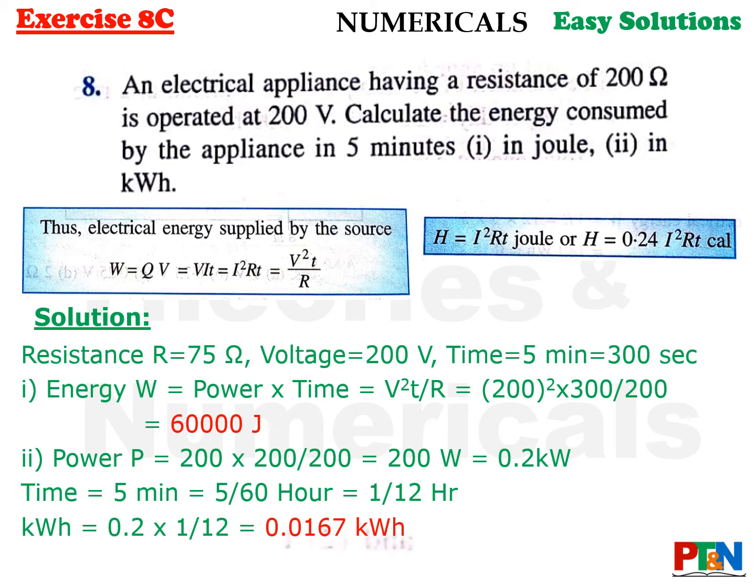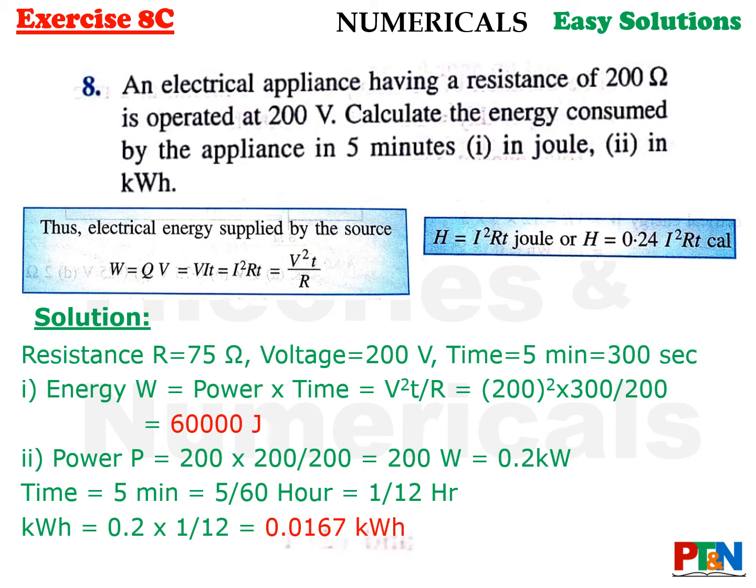Values are given, resistance, voltage, time, everything is given. You calculate power. Power is V square by R. That you multiply with time, that will give you energy. Put the values, get the answer.